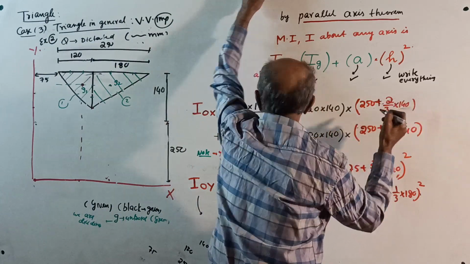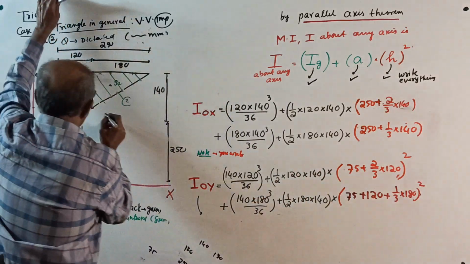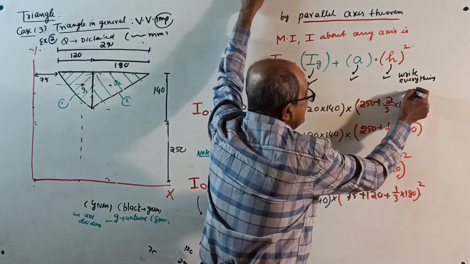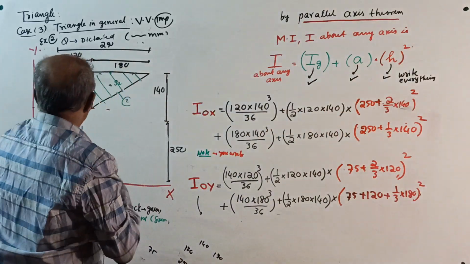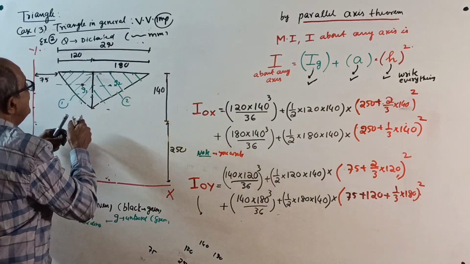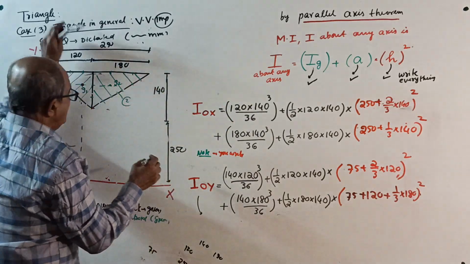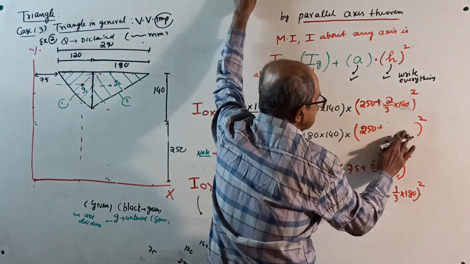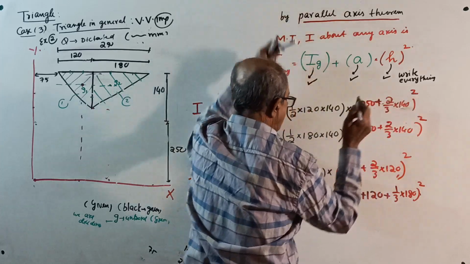I first thought of telling you 250 plus 140 minus 1/3. Why? You can do from here only. This is 2/3 of 140, whole square. Don't forget to square. Last time I forgot to square. Then here, first I about its own axis. 180 into 140 cube by 36 plus area into 250 plus, once again, 2/3 of 140, whole square.